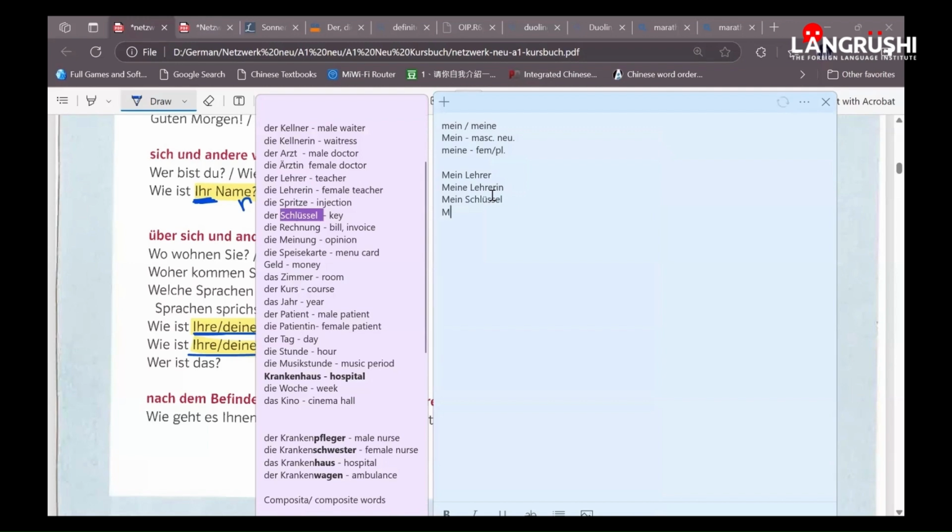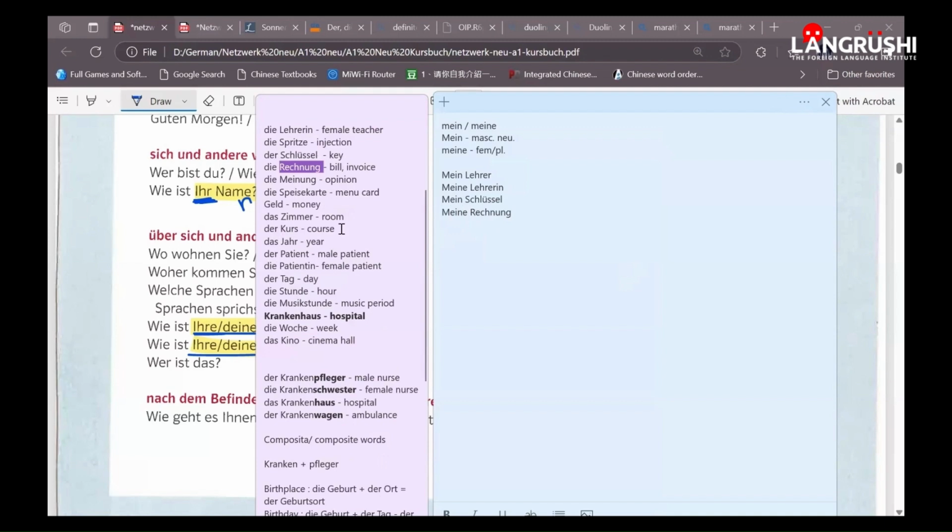So you'll say meine Rechnung. Okay, so everywhere you have to make these changes.